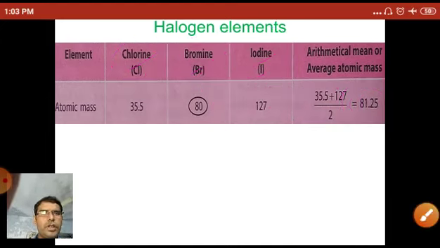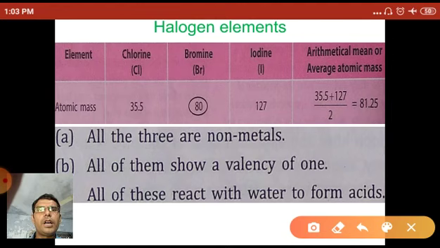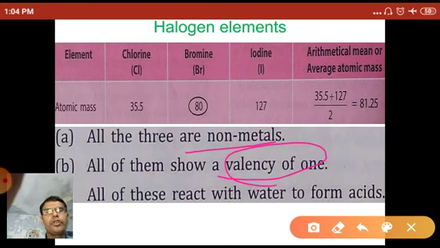All these elements have similar properties. They are all nonmetals and all of them show a valency of 1. So chlorine has valency 1, bromine has valency 1 and iodine also has valency 1.